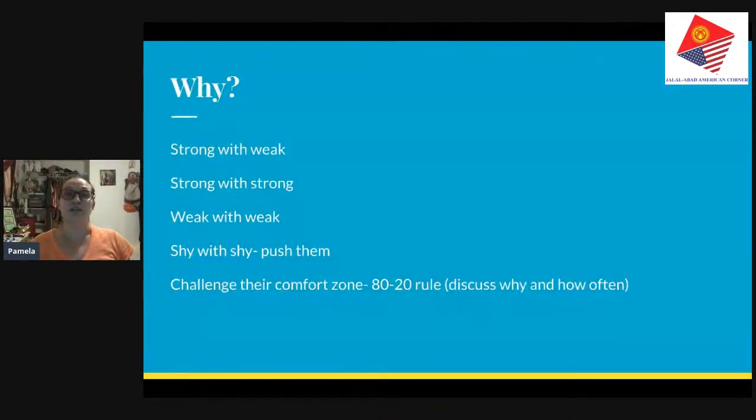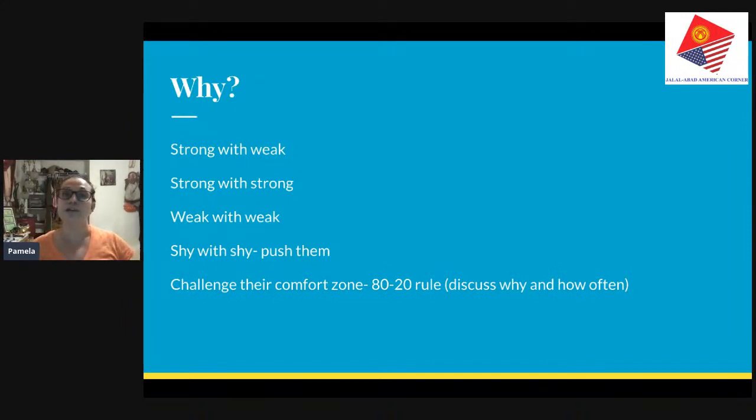They will push each other to try to figure out the language themselves, and they won't have a strong one just give the answers. This is another problem sometimes with pairing a strong with a weak, is that sometimes the stronger one doesn't know how to elicit an answer, and they will just give an answer.